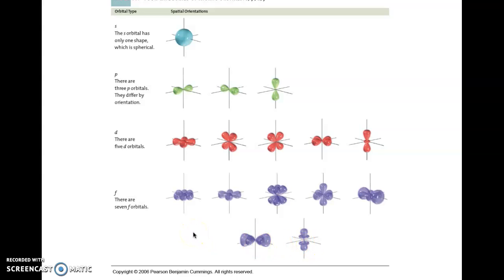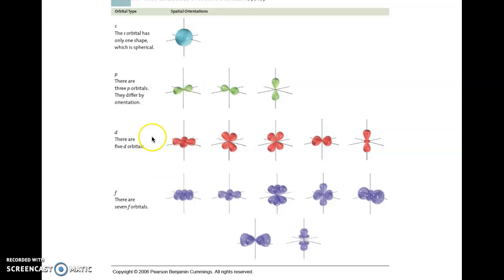The main thing is I just want you to know the basic shapes, but you don't have to worry about being specific here, drawing each of these out. But I do need you to know that s's are spherical, p's are dumbbell or figure eight, d's are multiple dumbbells or figure eights, and f's, right, are even more.